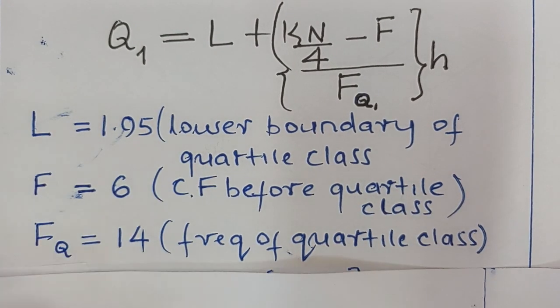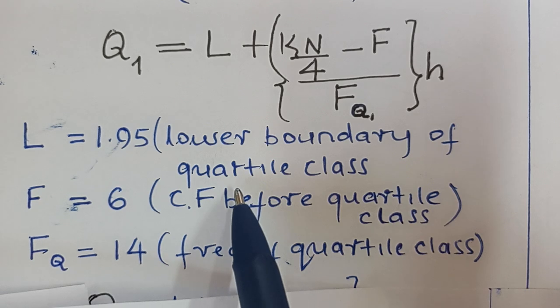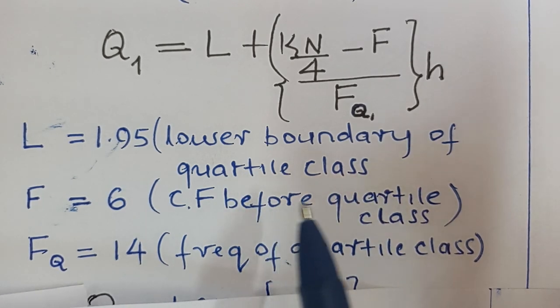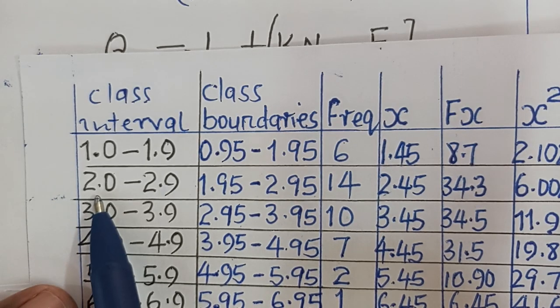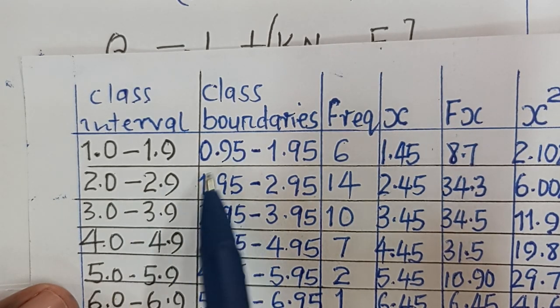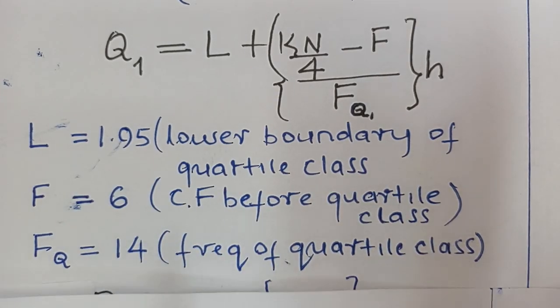And we have the equation right there. For this equation, we have L, which is the lower boundary of the quartile class. Of course, the quartile class is right here. 2 to 2.9, lower class boundary is 1.95, upper is 2.95.